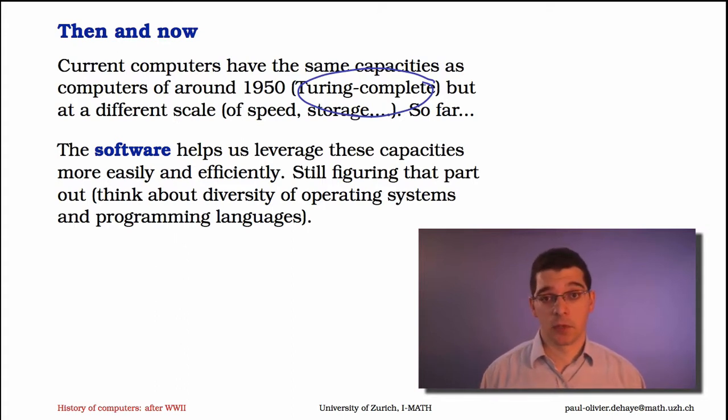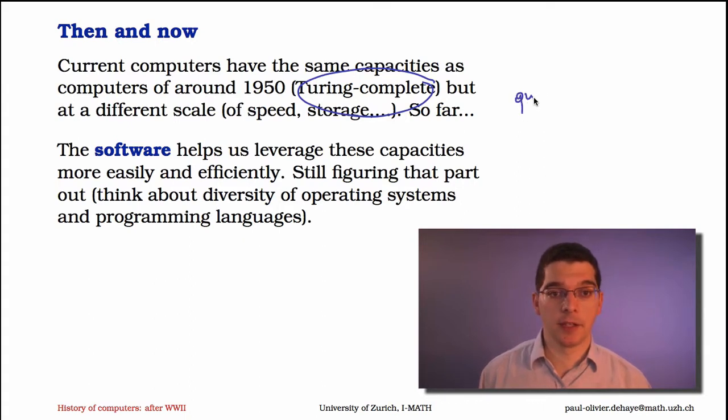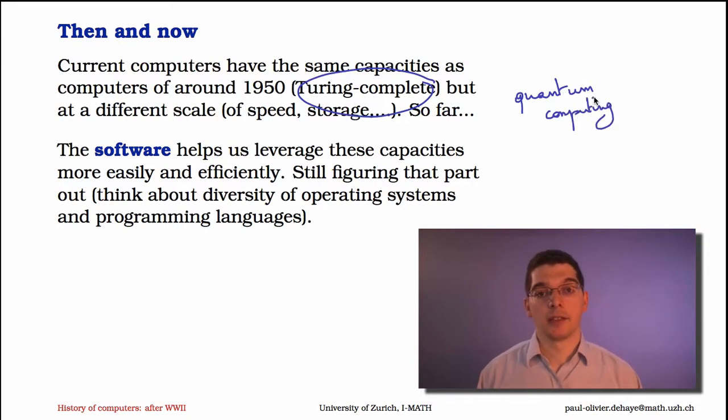That's the difference so far, because some people think that a revolution is going to happen, and that revolution is called quantum computing. So I'm not qualified to explain it, but there is a lot of hype around it, and people think this will be a fundamentally new model of computing, a fundamentally new way of doing computation.